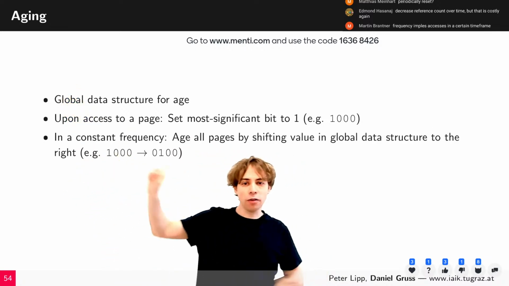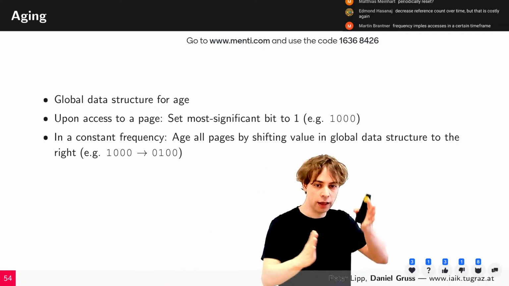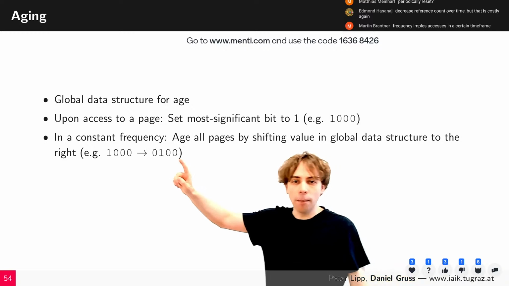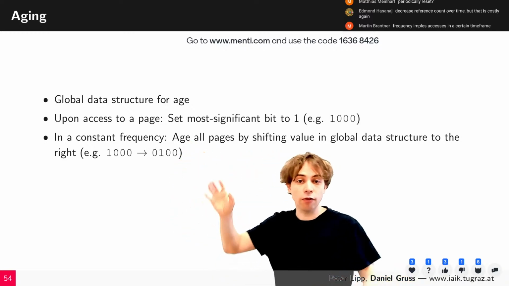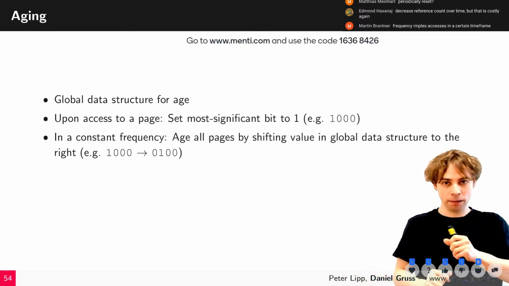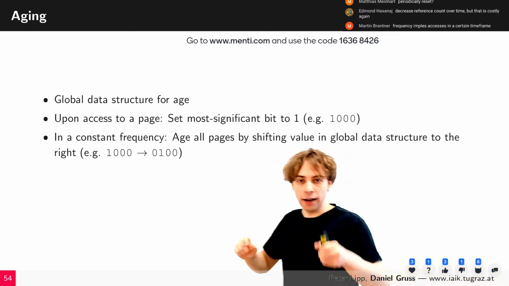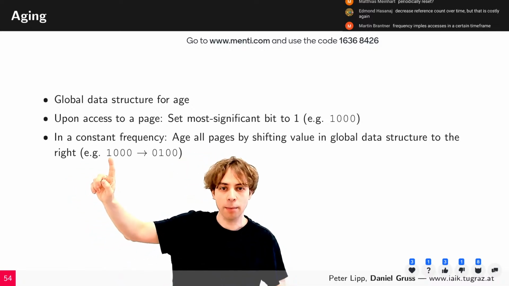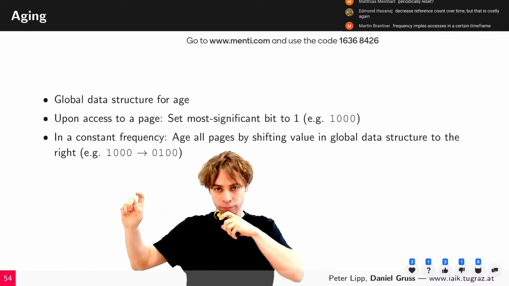At a constant frequency now, because age progresses at a constant frequency, the age of all pages is shifted by 1 step in this global data structure to the right. So you can see that this, for instance, happens for our value from just before.